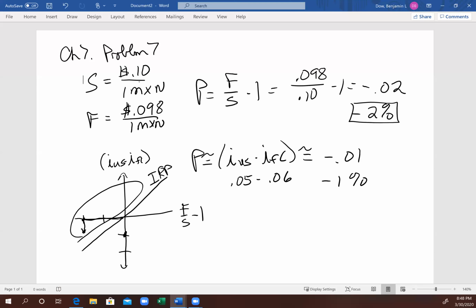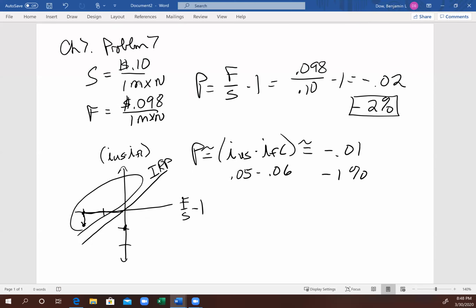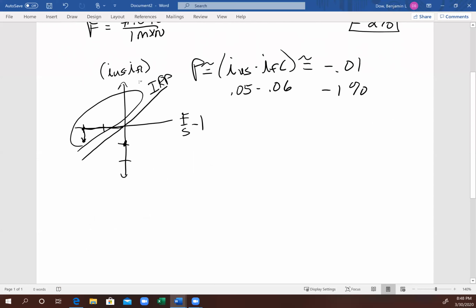That means that foreign investors can use covered interest arbitrage. So now that we've determined that foreign investors can use covered interest arbitrage, let's prove that that's true.